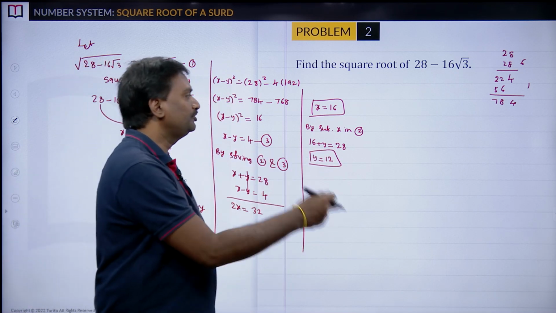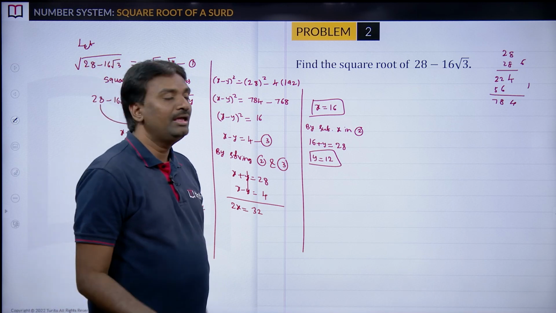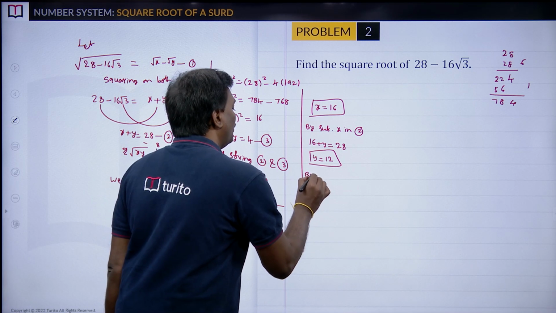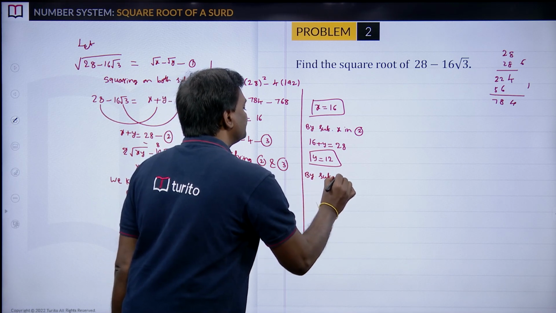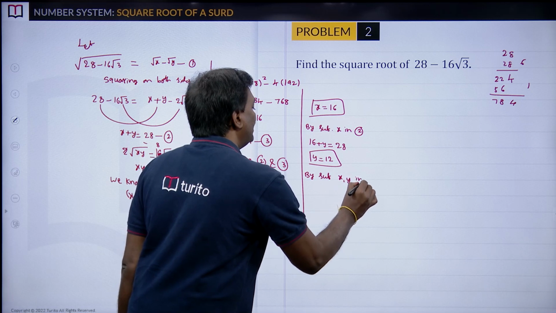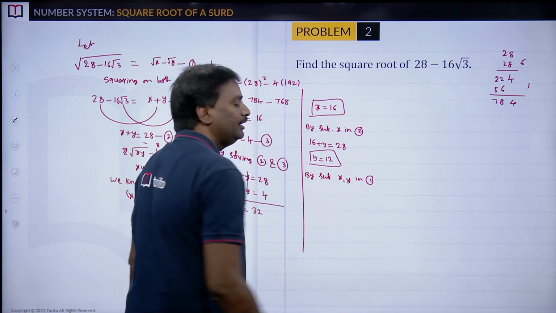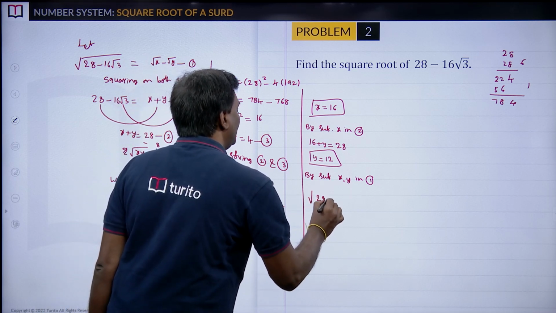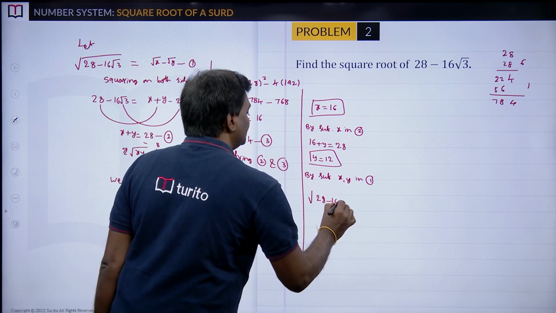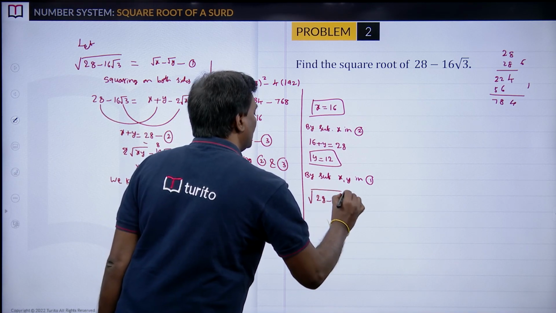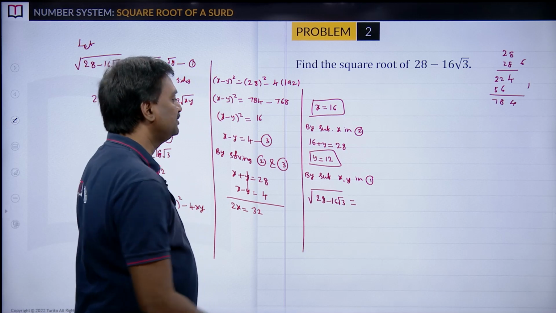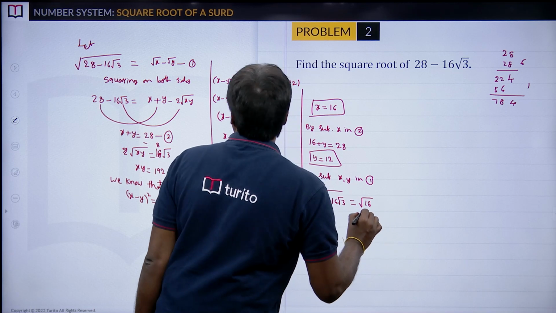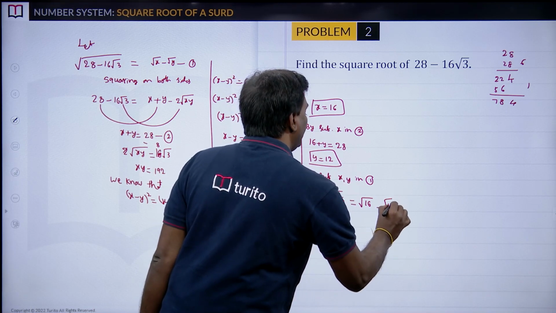Since we have x equal to 16 and y equal to 12, by substituting the values of x and y in equation 1, you will get the square root of 28 minus 16 root 3 equal to root x minus root y, root 16 minus root 12.